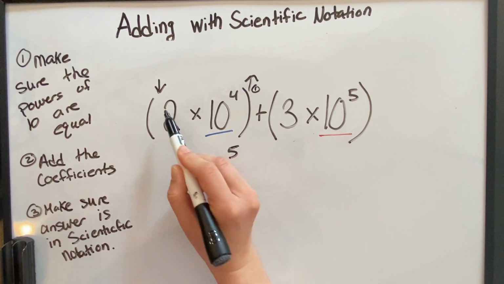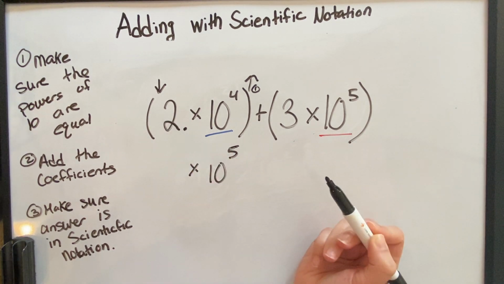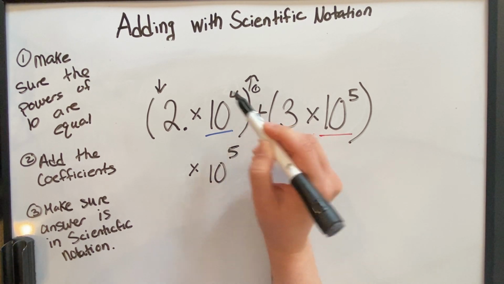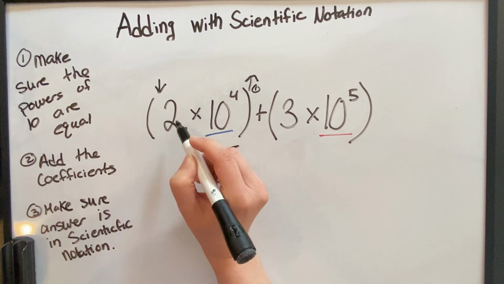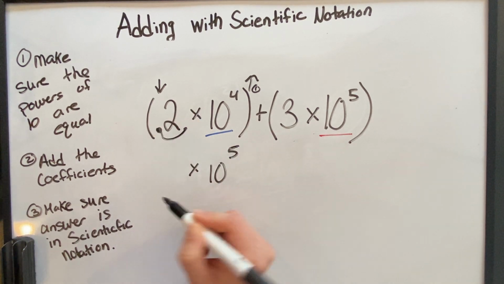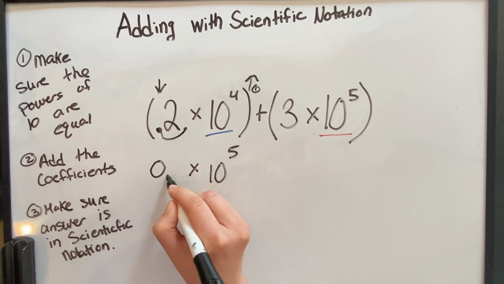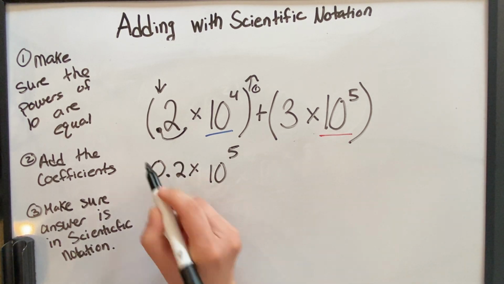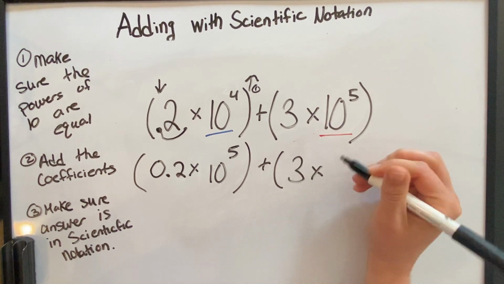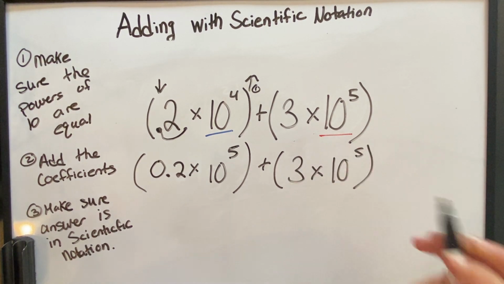So my decimal point is currently right here. Since this increased by 1, that means my coefficient must decrease by 1. So I'm going to make it smaller. So my new coefficient would be 0.2 plus 3 times, we'll leave this one alone.